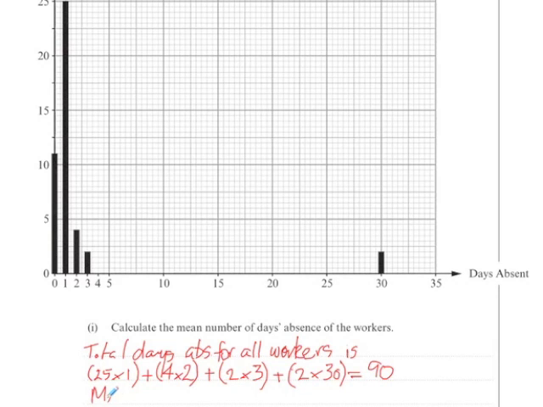Mean is equal to total days absent divided by number of workers, equals 90 divided by 44.